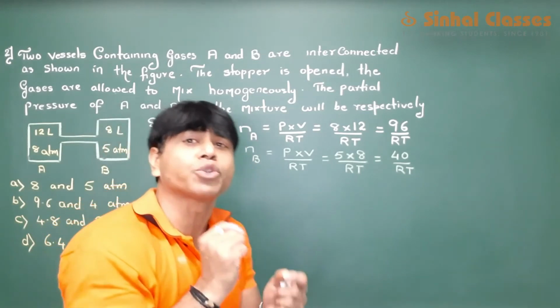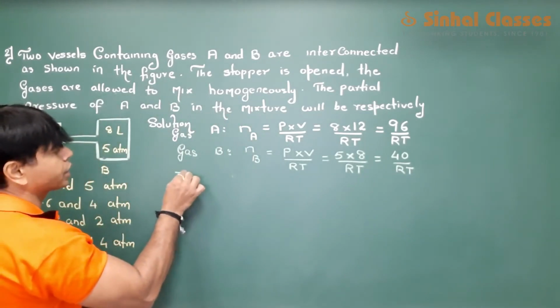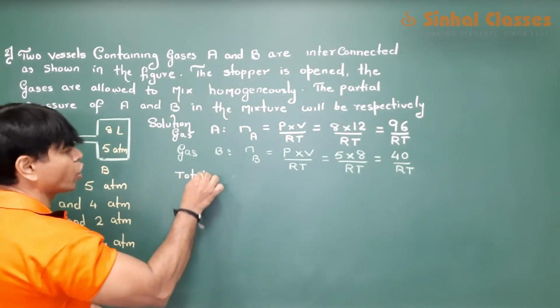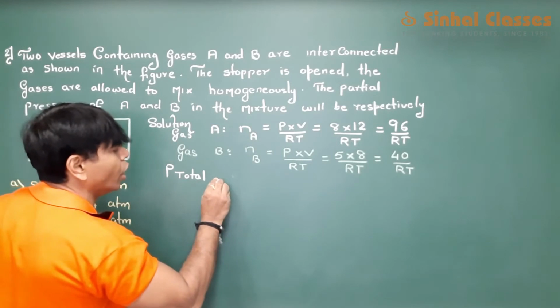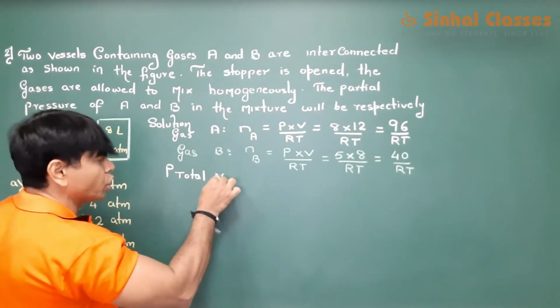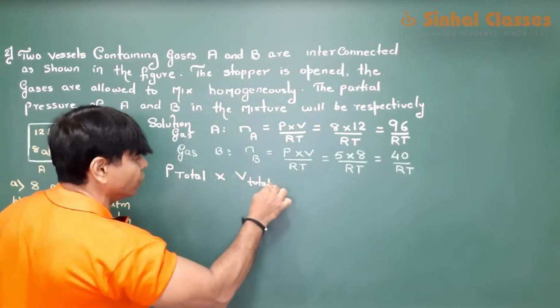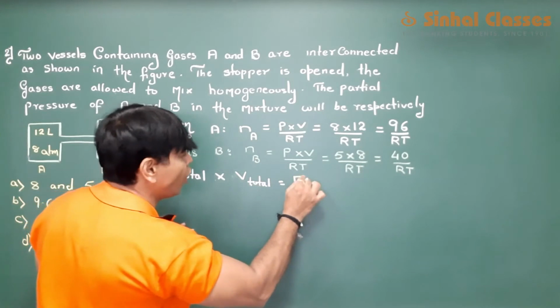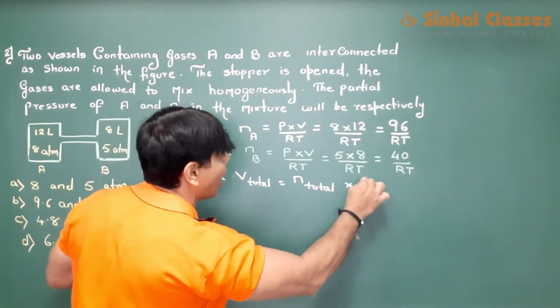Now, let us see the total pressure. Total pressure into total volume will be total moles into RT.